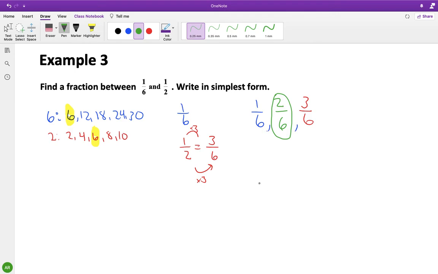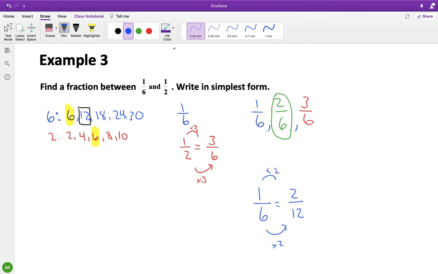Well, if you want to do that, what you're going to have to do is make the denominator bigger. So pick any number. Doesn't really matter what. Let's say I want to convert 1/6 to, I know the next multiple of 6 is 12. So I can go ahead and just convert that to a 12th by multiplying that by 2. I'll multiply the top by 2. So I get 2/12.